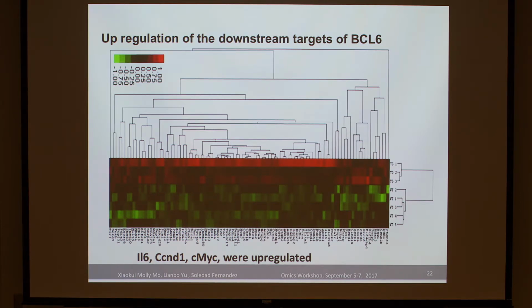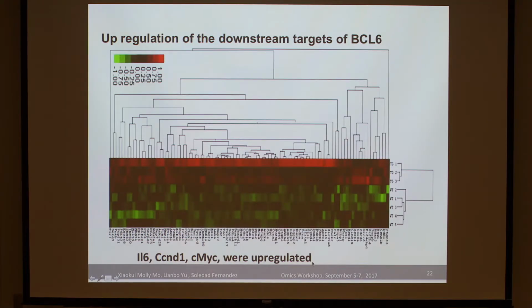Unlike the heat maps we talked about earlier, this is kind of biased, using a subset of the genes to make the heat map to show the change of those target genes. It shows that in the transgenic mice, those downstream targets actually increase.